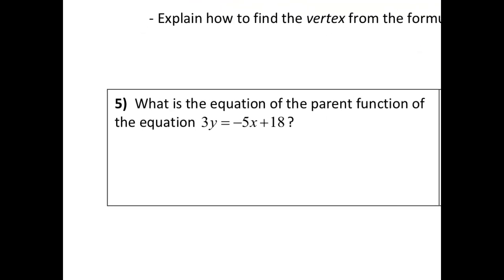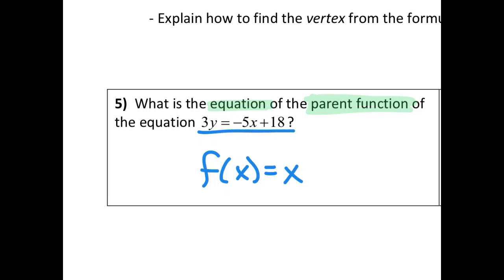Now remember that equations of parent functions are the simplest form of an equation that you can write. And so the equation of the parent function of this linear equation is f of x equals just x. No exponent other than 1, and no x in a denominator. So just f of x equals x is a linear parent equation.